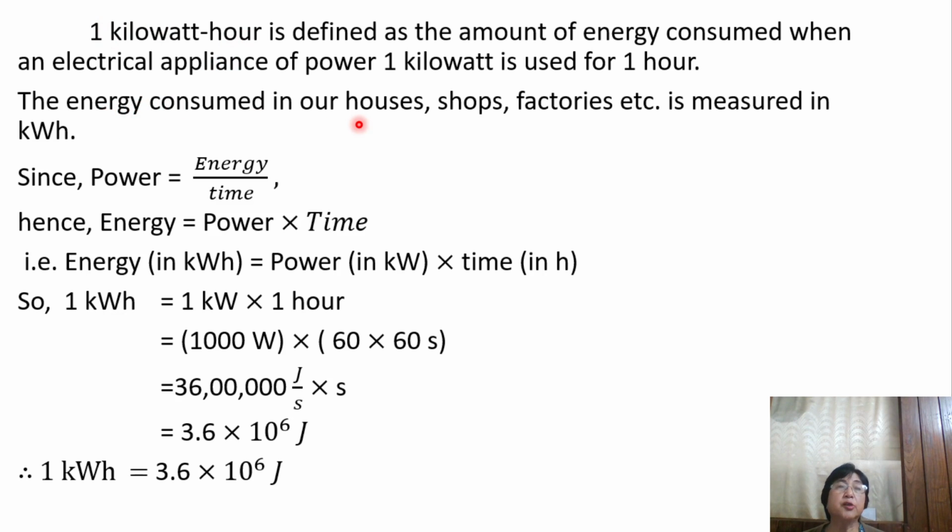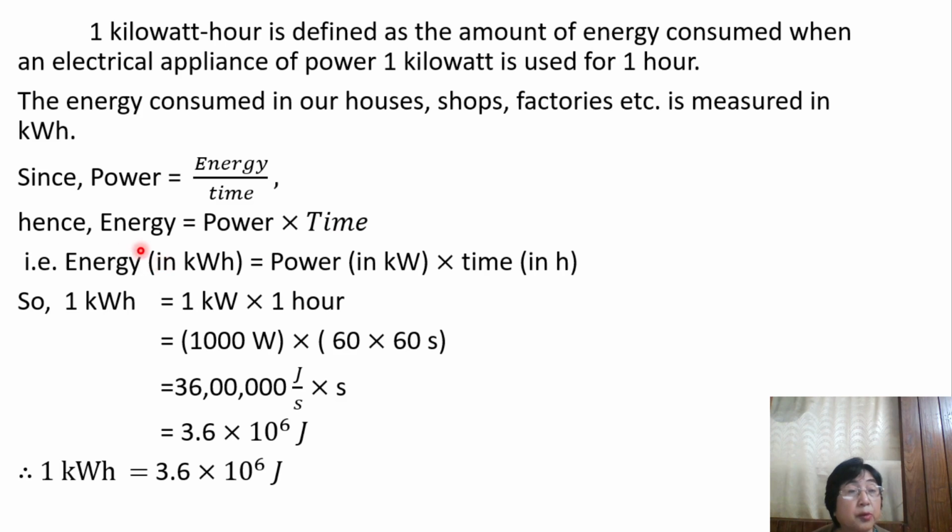The energy consumed in our houses, shops, factories is measured in kilowatt hour. So this is the unit, okay? Now, since power is equal to energy by time, energy is equal to power into time. Just cross multiply. We get energy is equal to power into time.